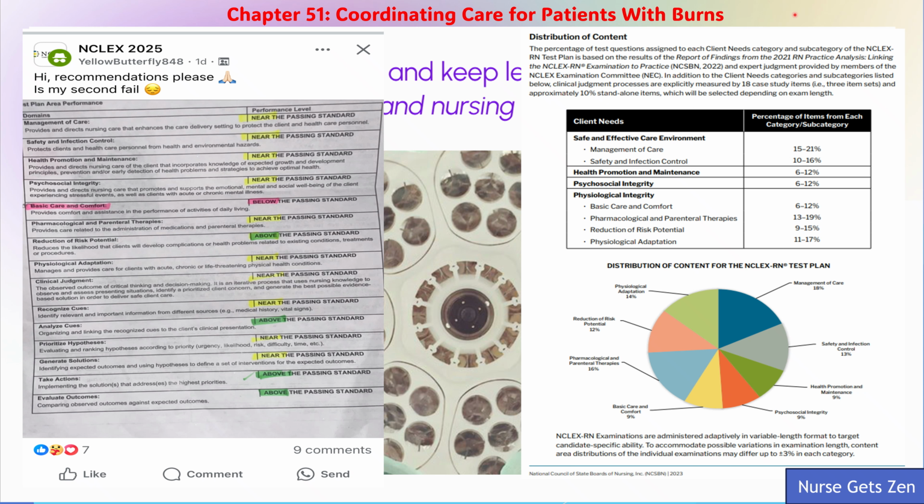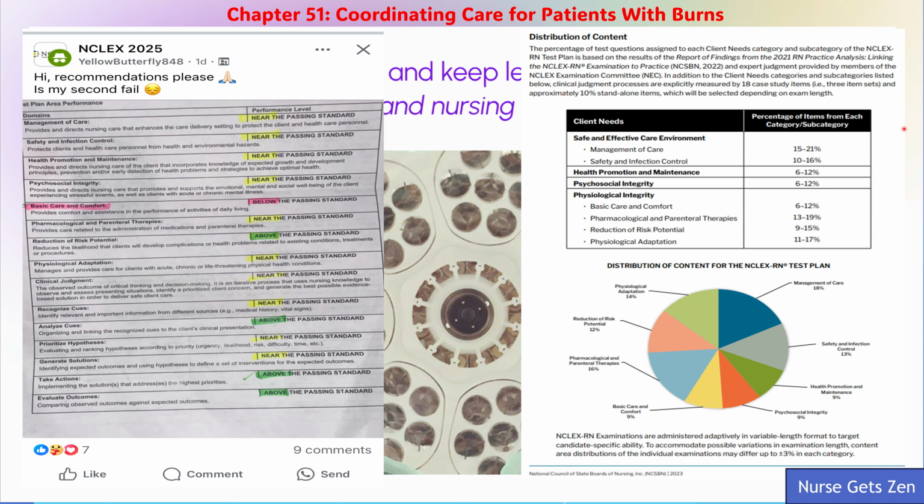So imagine that your patient has a burn, and now you need to complete this pie. How are you going to have all of the above? Pathophysiology is for analyzing the cues. Then prioritizing hypotheses is what could happen if the patient's symptoms are not effectively managed.